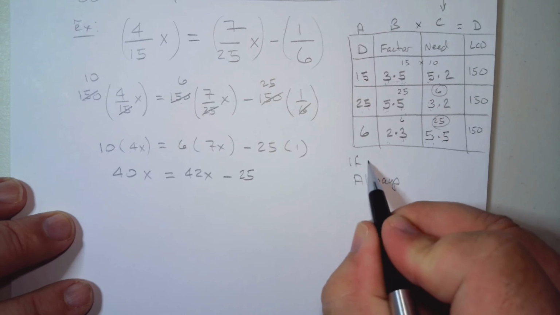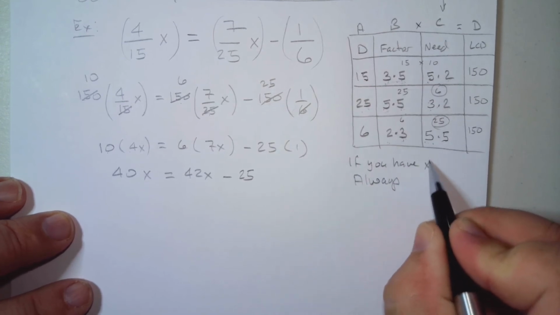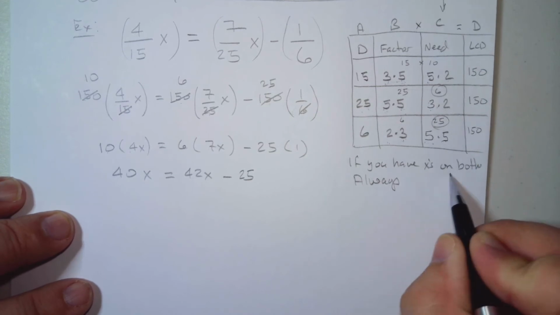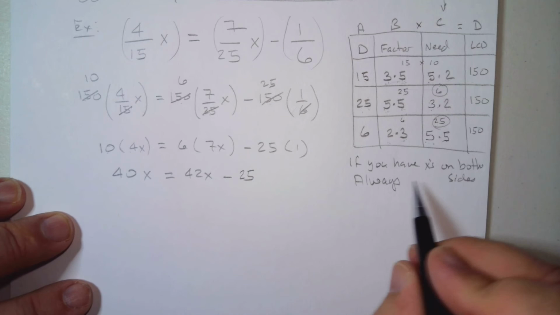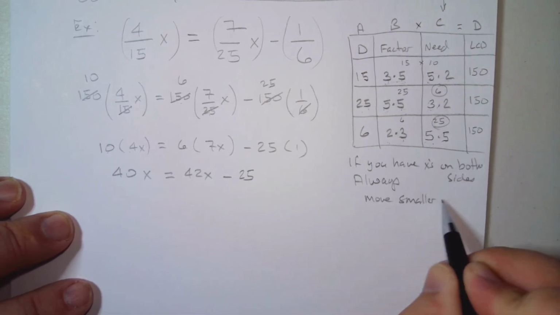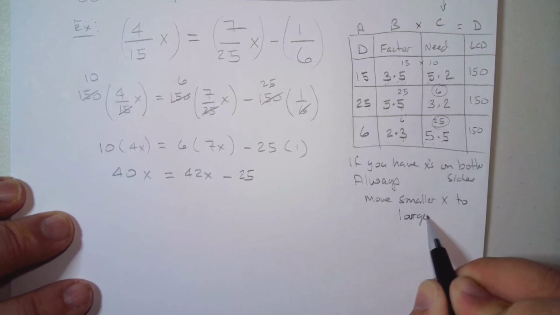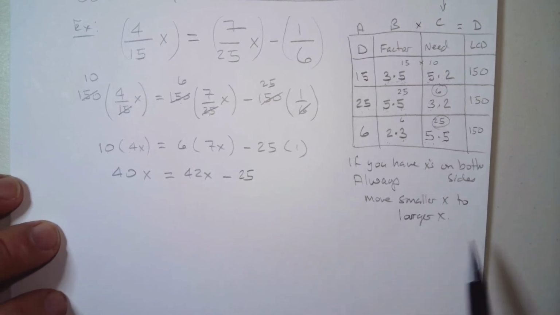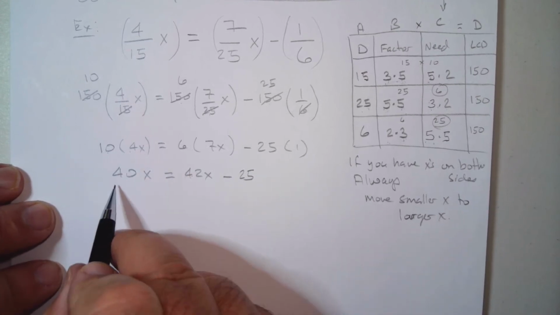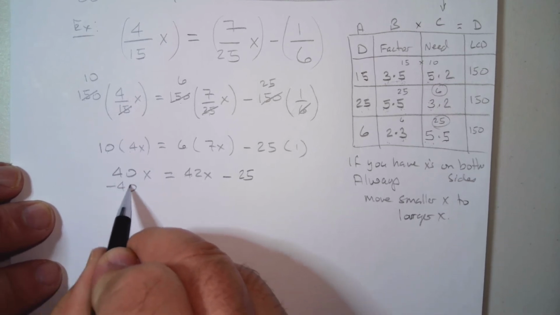If you have x's on both sides, always move the smaller x to the larger x, because that way it'll always be a positive coefficient. Because if we moved 42 over here, then it'd be a negative. We don't want that. So move the 40x.